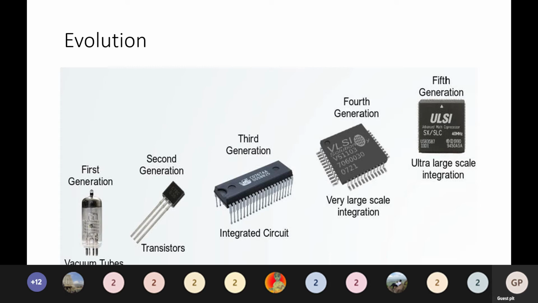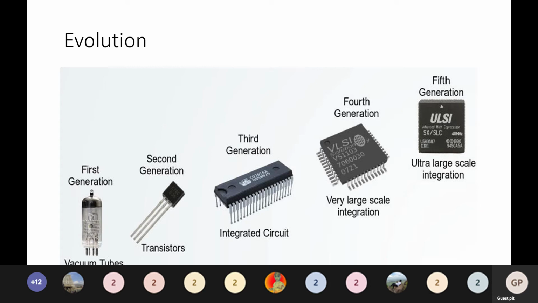And after that, in IC itself, we have had many evolutions. Initially we started with small scale integration, meaning around 100 transistors were fabricated in a single chip. And from that, slowly we developed to the next stage, medium scale integration, where we had approximately 100 to 1,000 transistors in a chip.